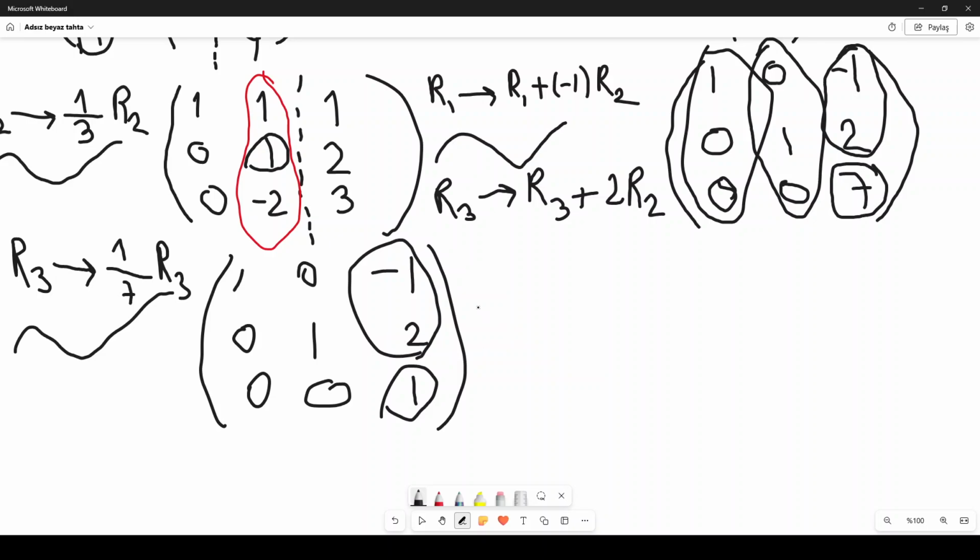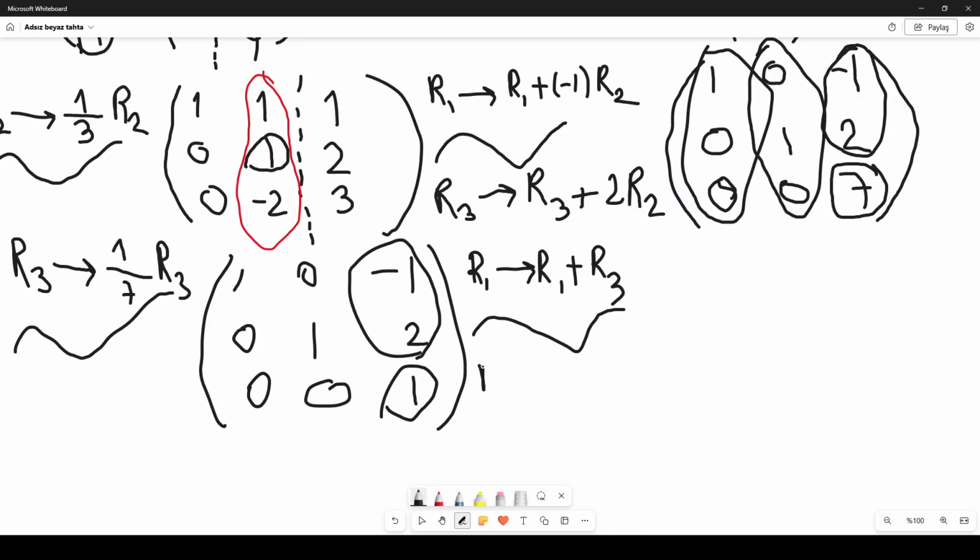So how can I do that? Again, it's still not in the reduced row echelon form, right? In the column, this minus 1 and 2 must be equal to zeros. So what should I do? I replace R1 with R1 plus R3, which is enough, right? If I add the first row and third row, the minus 1 value would be eliminated.